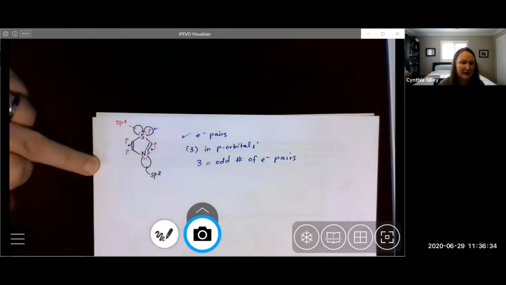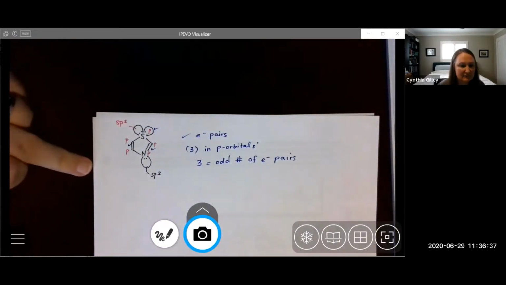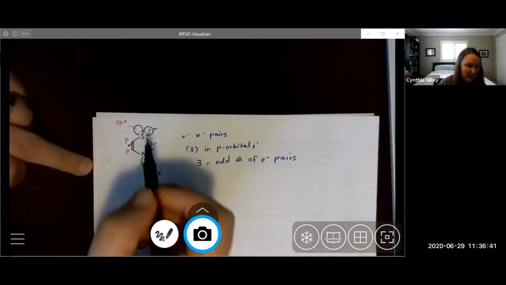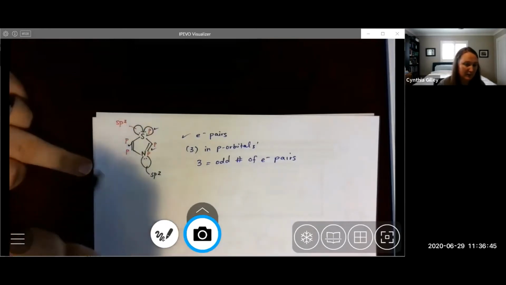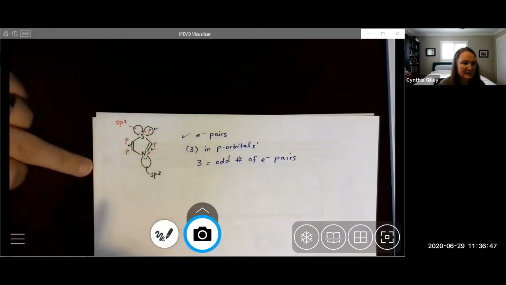This means it's an aromatic number of electrons. So yes, absolutely, one of the lone pairs will go into a p orbital because then that'll make a p orbital system all the way around the ring, and it'll have an aromatic number of electrons, which will make it stable.